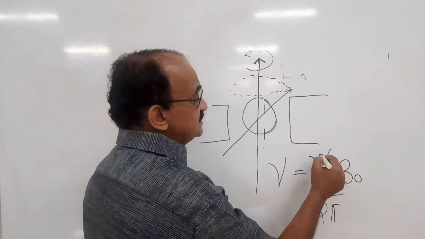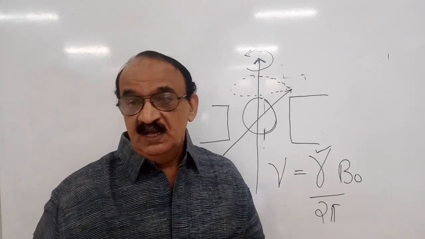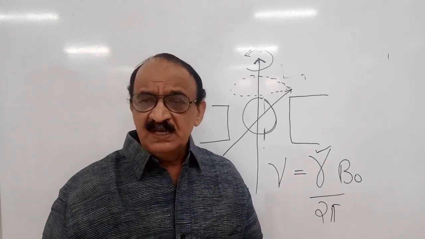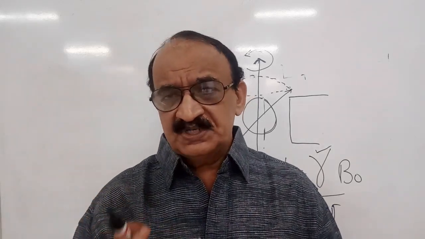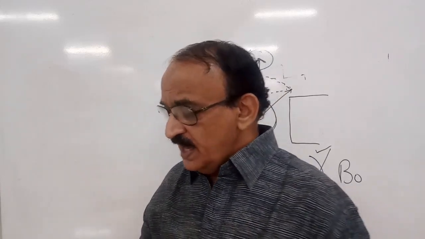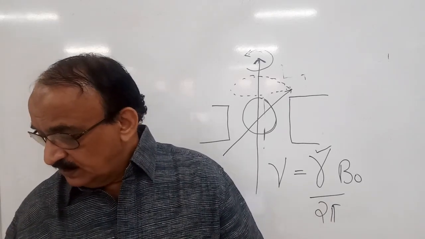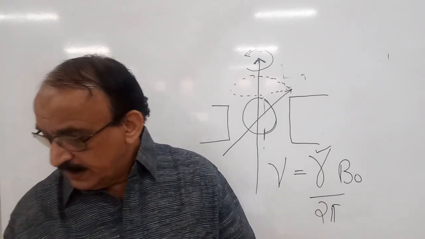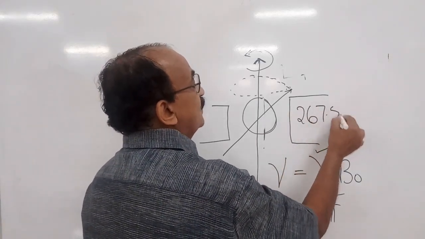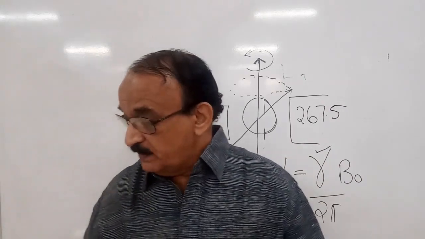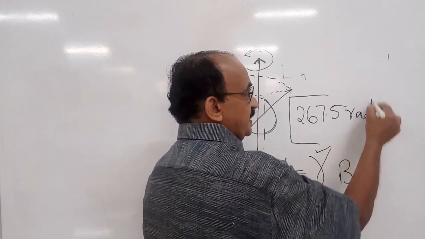And here gamma is a constant, known as the gyromagnetic ratio. This gyromagnetic ratio is a constant quantity. Every magnetic nucleus has a constant gyromagnetic ratio. The gyromagnetic ratio for the proton is equal to 267.5, in units of radians per Tesla per second.